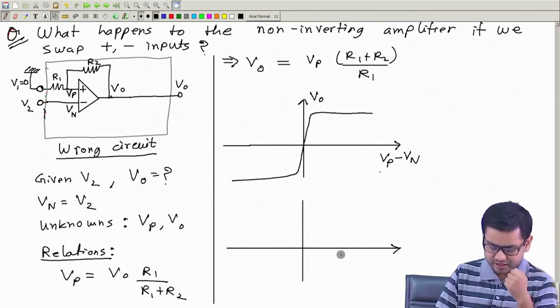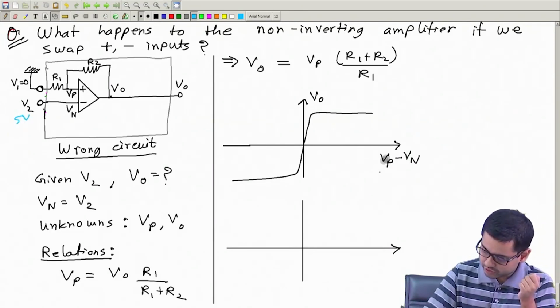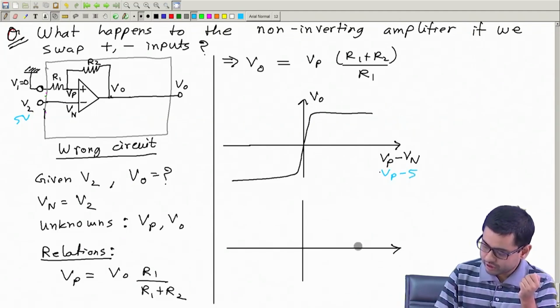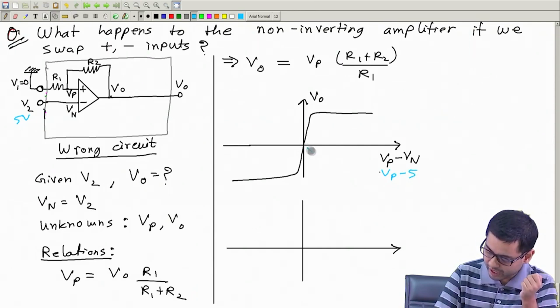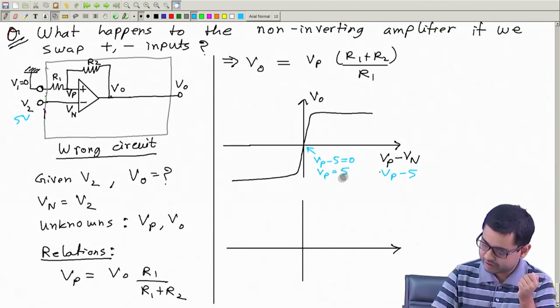Let's take an example that V2 or Vn is equal to say 5 volt. That means now this is equal to Vp minus 5. So at this point we have Vp minus 5 equal to 0, which means Vp is equal to 5.